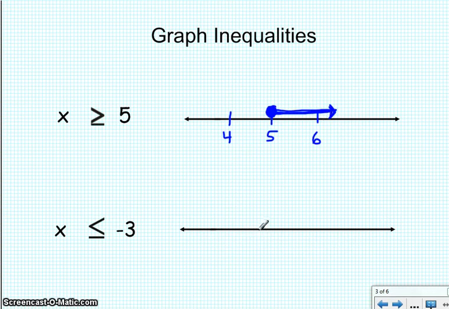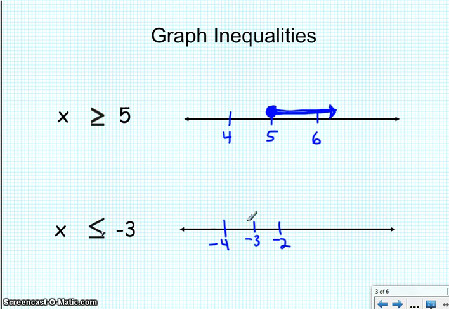And the last example here, x is less than or equal to negative 3. So we can use this with negatives too. I'm going to put negative 4, negative 3, negative 2, just to have some stuff on either side of it. For this one, the solution is any number that is less than or equal to negative 3.